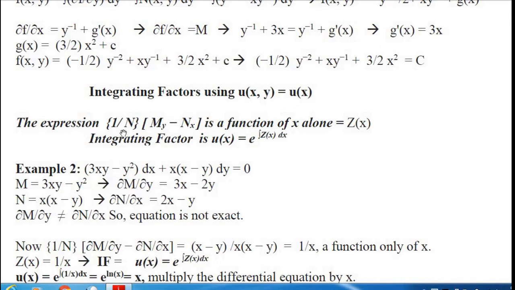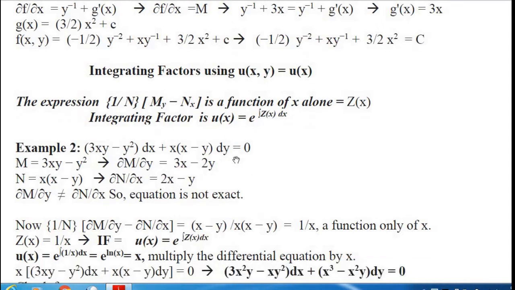In this case, the expression 1 by capital N into dou M by dou y minus dou N by dou x is a function of x alone. Say it is z of x. Then the integrating factor u of x is obtained by e raised to integral z of x dx.